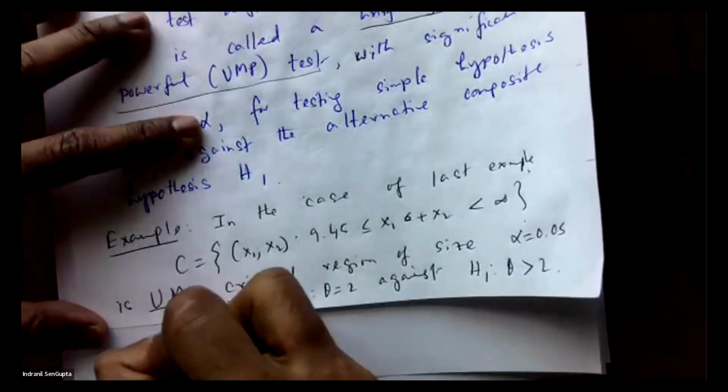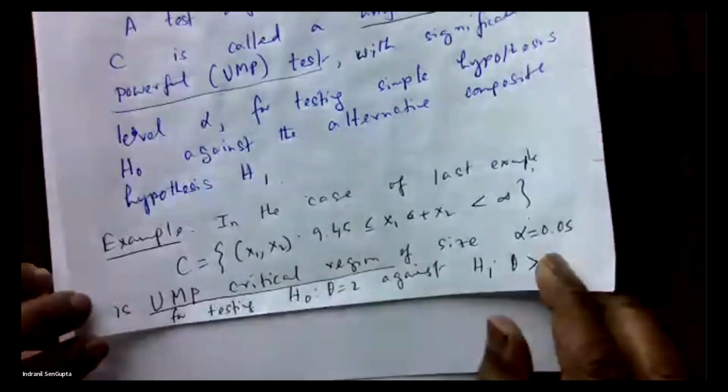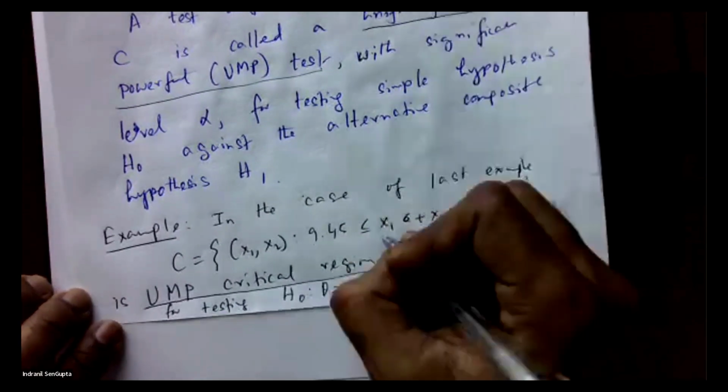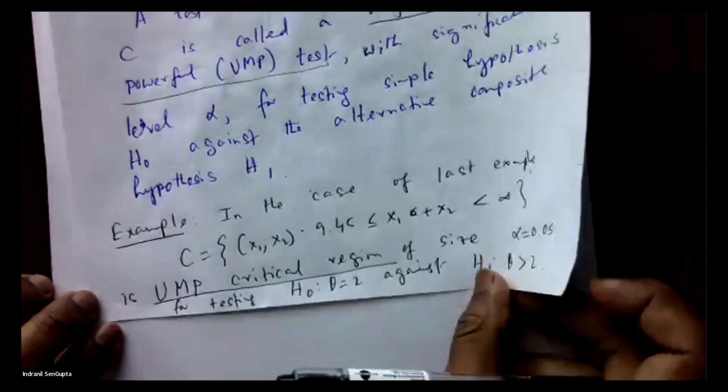So we just wrote this term, uniformly most powerful critical region. And therefore, this is the uniformly most powerful test. All right, let's do one more example.